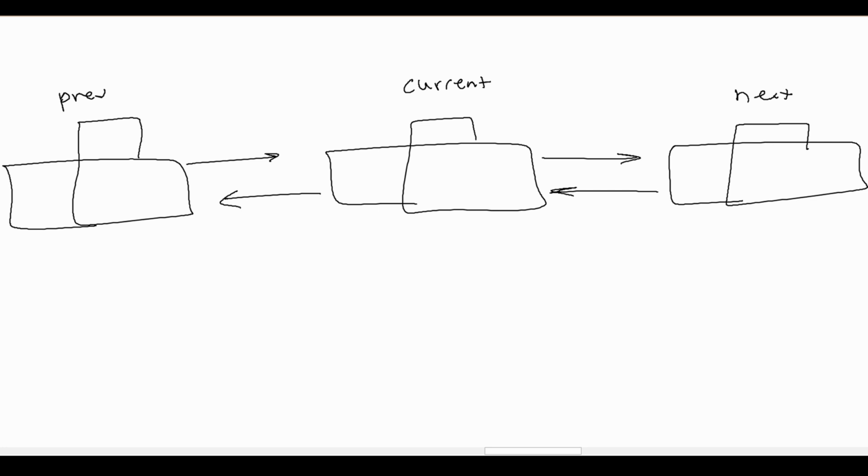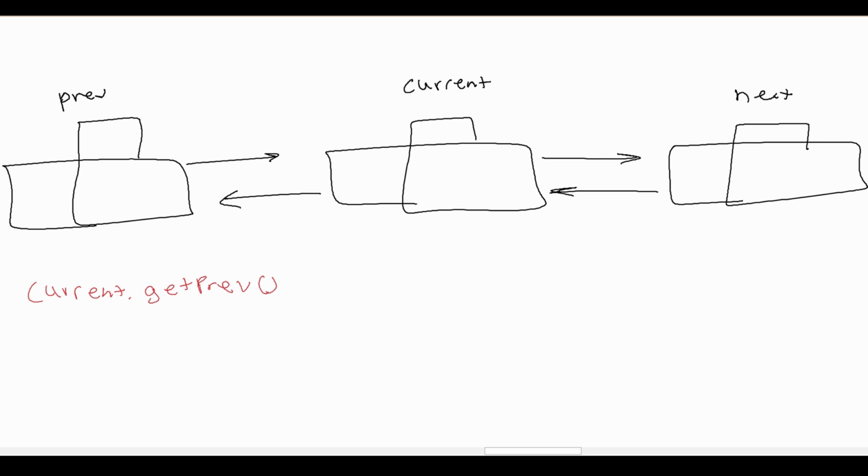So the next value will be this. We are going to set it to the next value right here, current dot next. So to do this, I'm going to do current because we're looking at current. Now we're going to do dot get prev because we want to look at the previous one here.